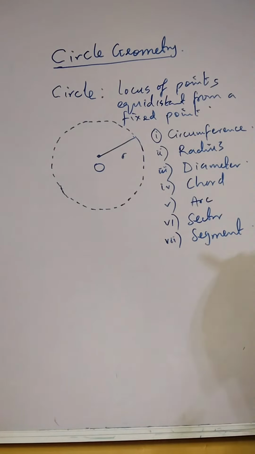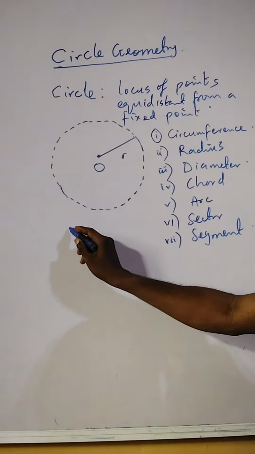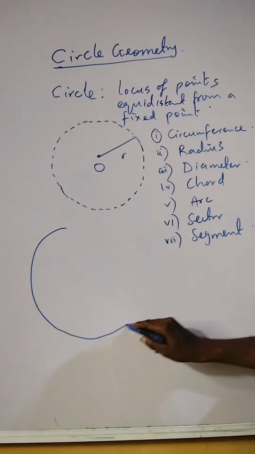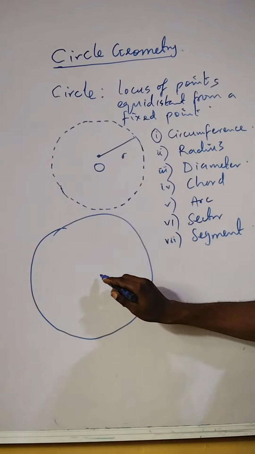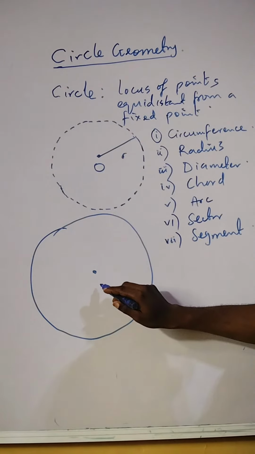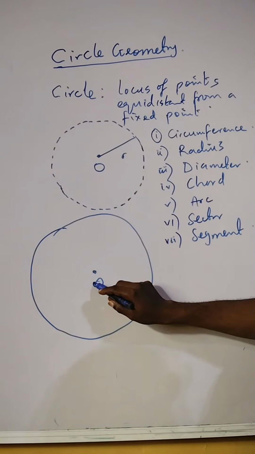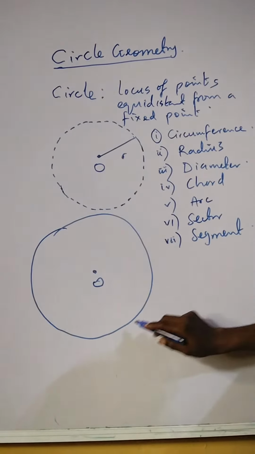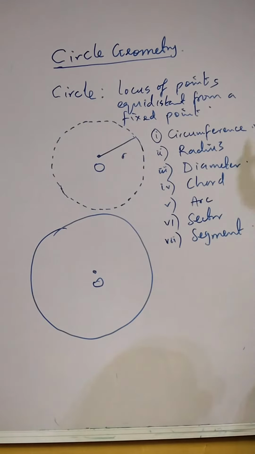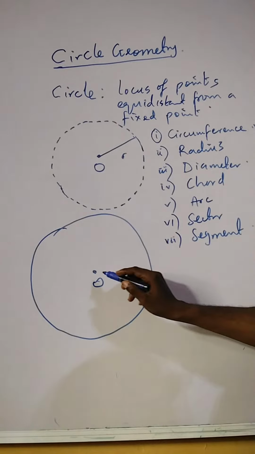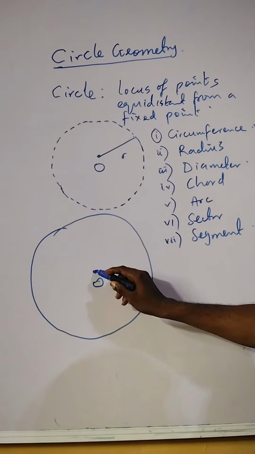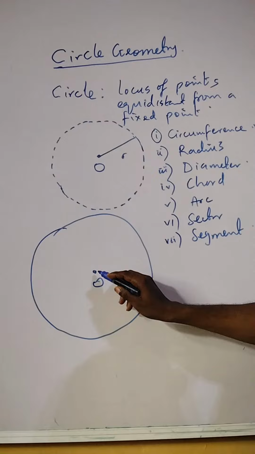When we say circumference, it is the distance around the circle. You have a circle like this, with center O. The distance around this circle here is what is called circumference. Okay, now what is radius? A radius is a line that is drawn from the center of a circle to any part of the circle.